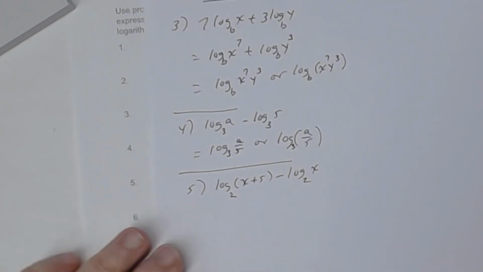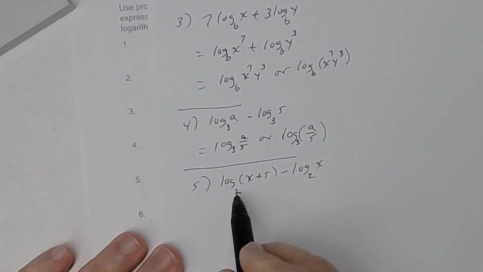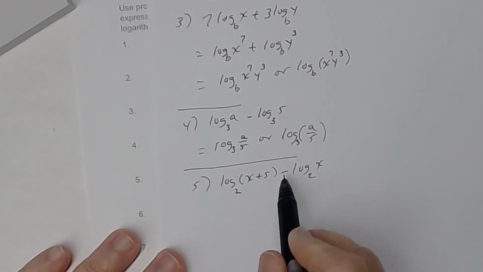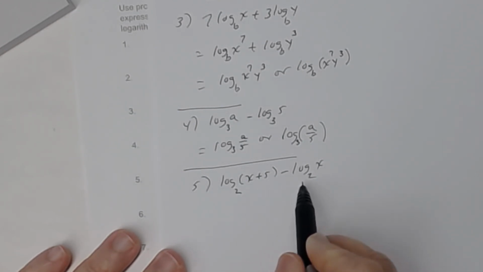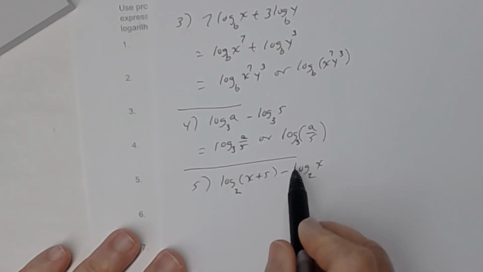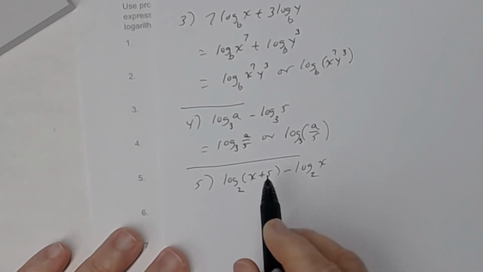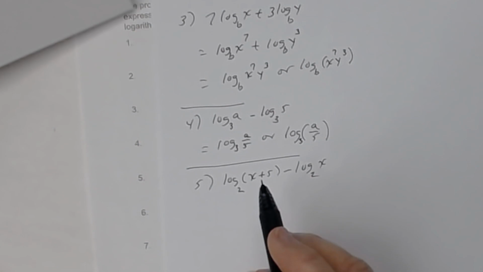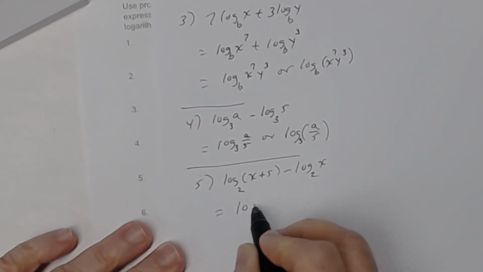All right. But notice you're going to use the quotient rule because of the division. I'm sorry, subtraction. The base is the same. So you're taking the difference of two logs of the same base. This coefficient's 1. This right here is a 1. So I can go directly to the quotient rule. And so then this becomes one logarithm.